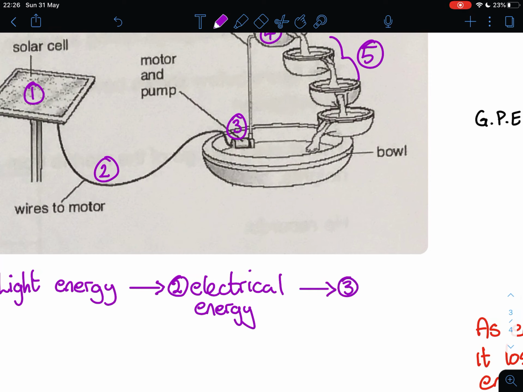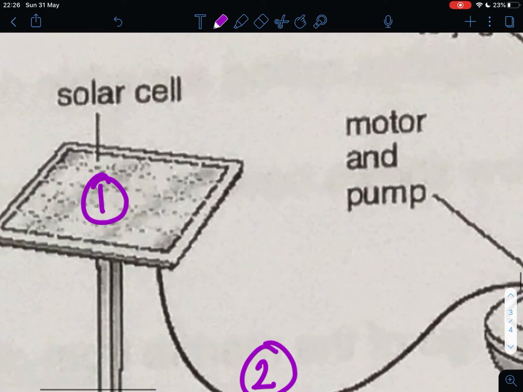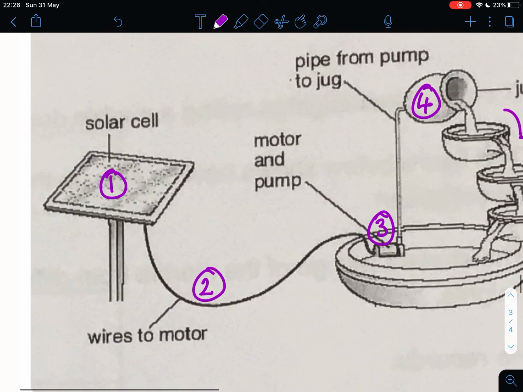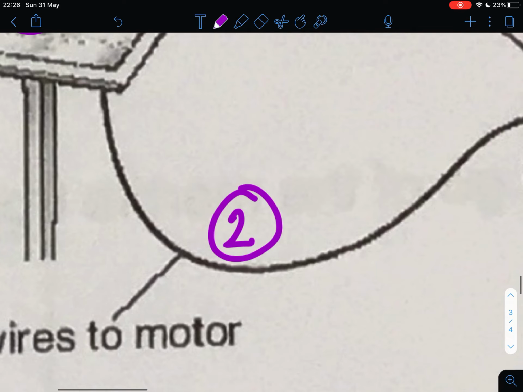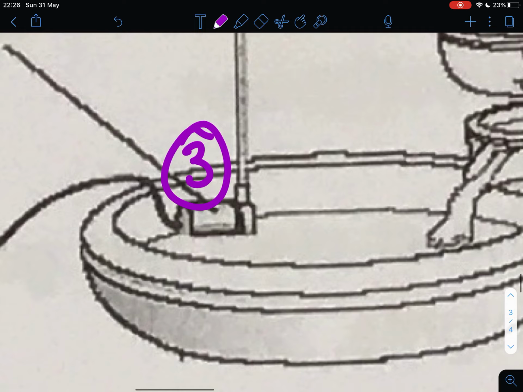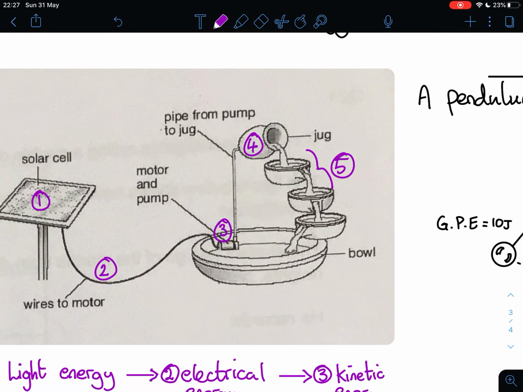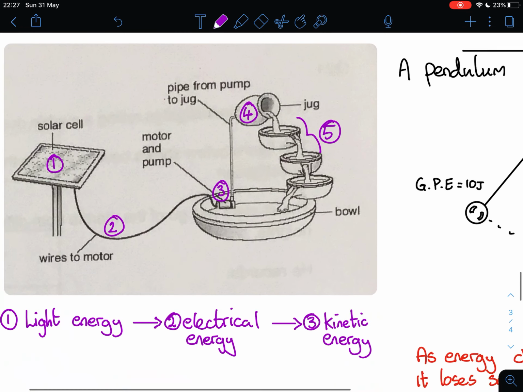It's turning that electrical energy into kinetic energy. The motor is spinning. Okay, so we've gone light goes in to a solar panel. Not heat, light. It is changed into electrical energy in the wire. The wire then gets the electrical energy changes into kinetic energy. That spins the pump around. The motor goes spinning the pump.